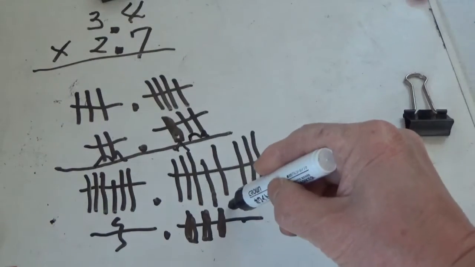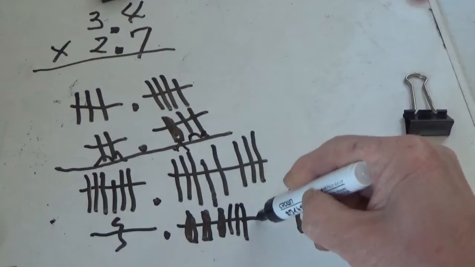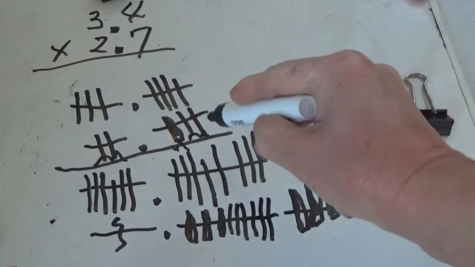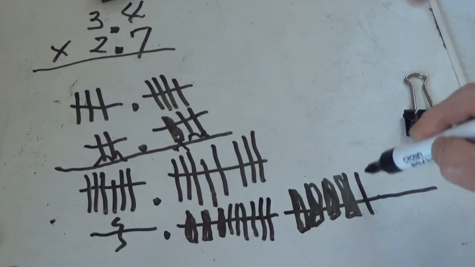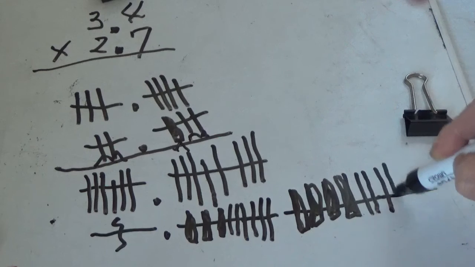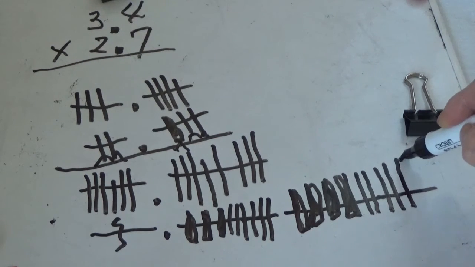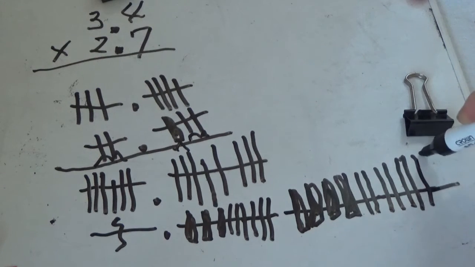So this is 1, 2, 3 and 1, 2, 3. And this is 1, 2, 3, 4.